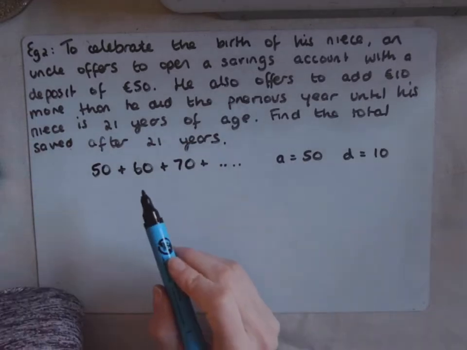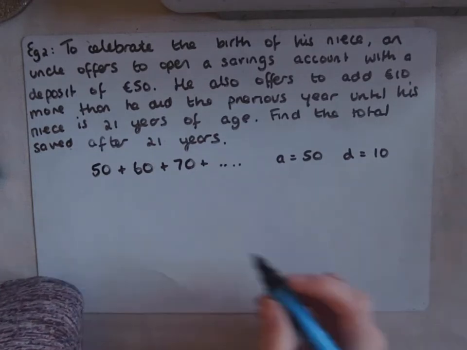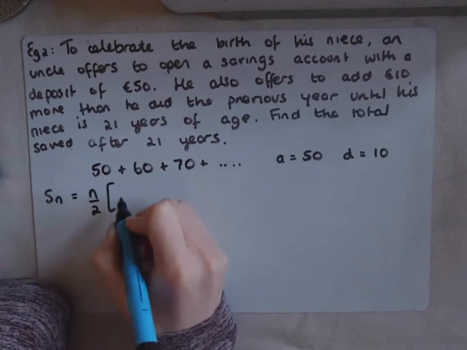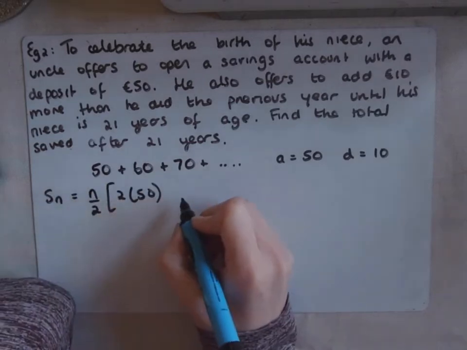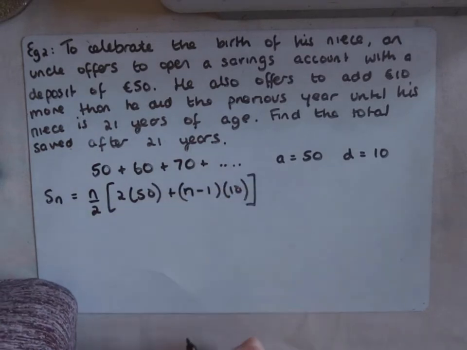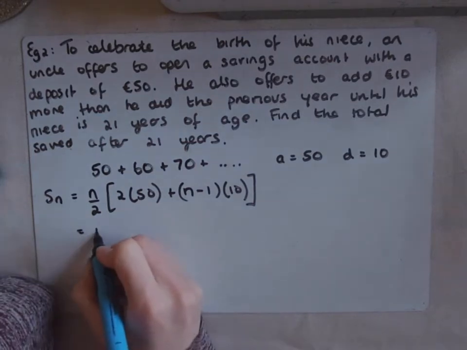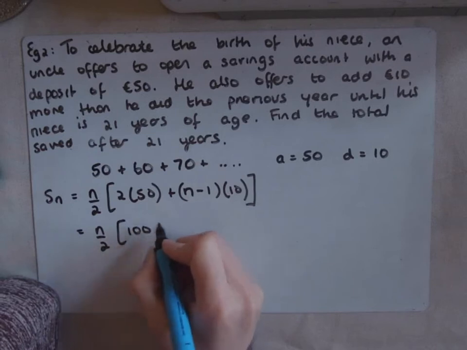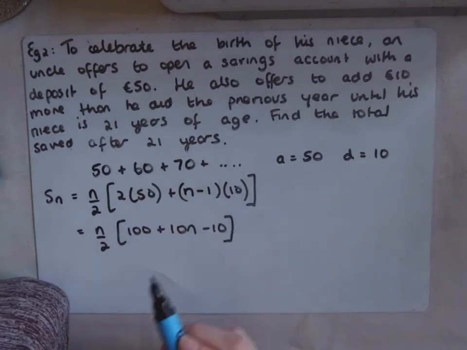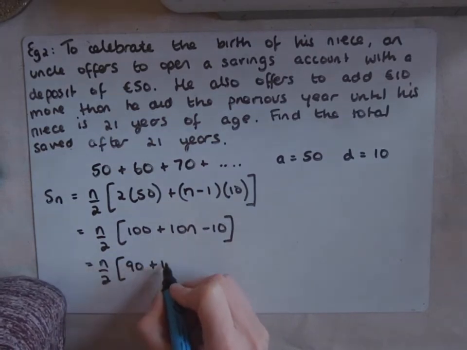Okay? n over 2, 2a, which is 50, plus n minus 1 times d. Just multiplying out, 10 by n, 10 by minus 1. So there's your sum formula. So that's the sum of the first n terms.